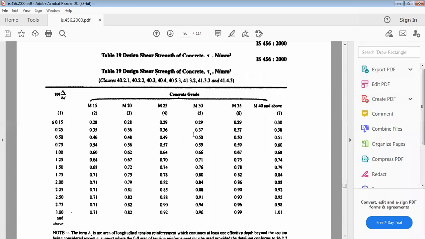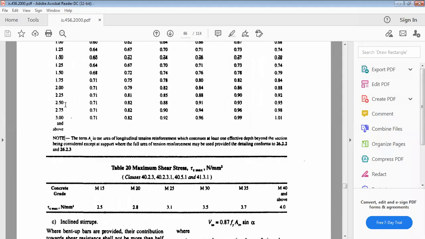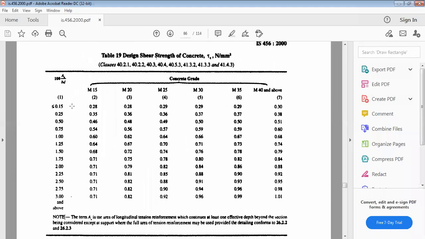From this table, table 19 from the code, page 73. We have already calculated this, I have already talked about this. So here, grade of concrete is M25, so we are looking at this column. The percentage of steel we have to check first.